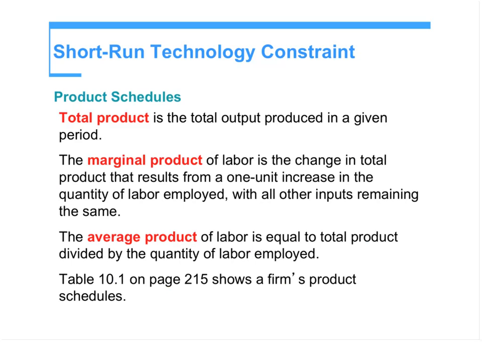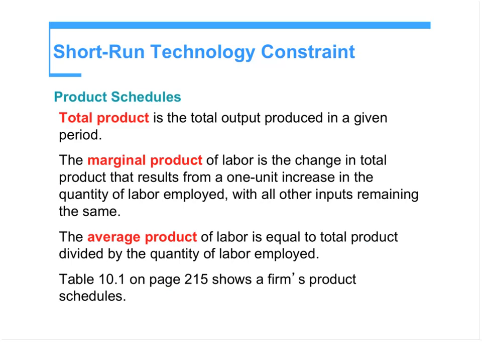Total product is the total output produced in a given period of time. Let's say you are a tire manufacturing company. Your total product is the total number of tires that you produce in a certain amount of time, let's say in a month.